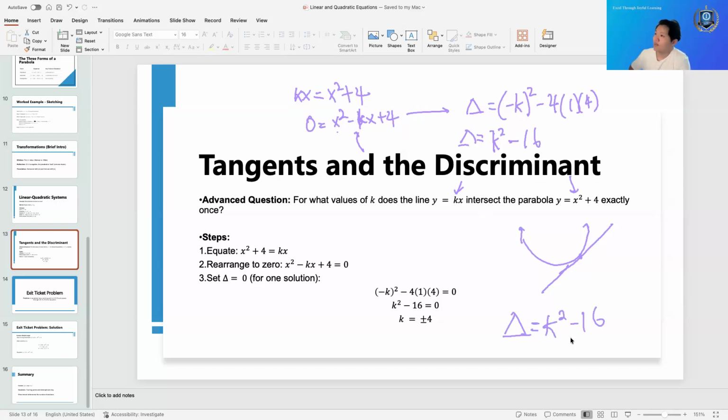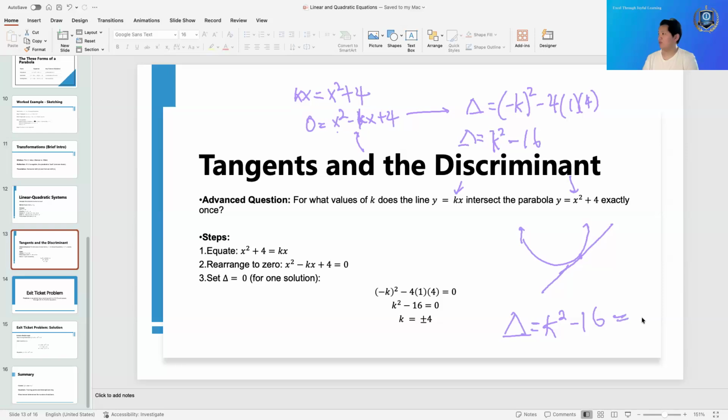What does the question ask me? What values of k does the line intersect exactly what? Exactly once, right? So what do I need my discriminant to be? 0.